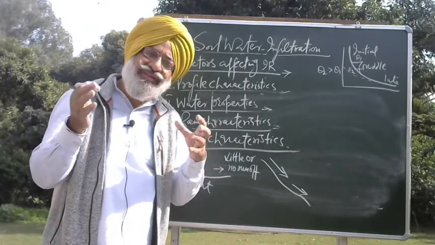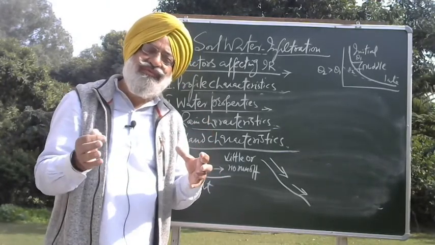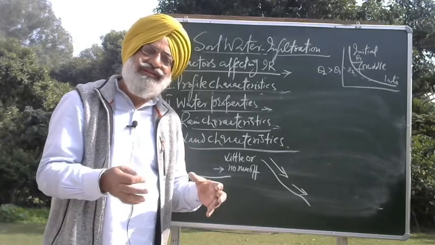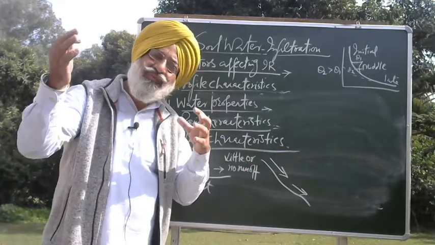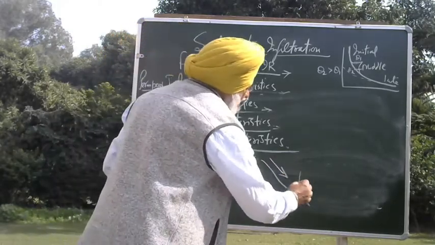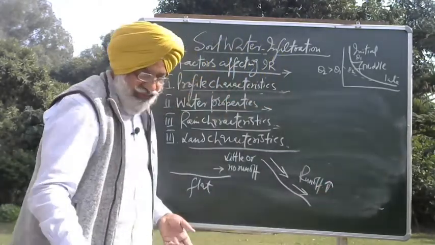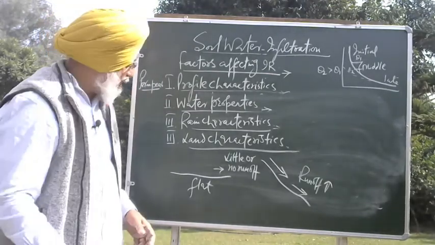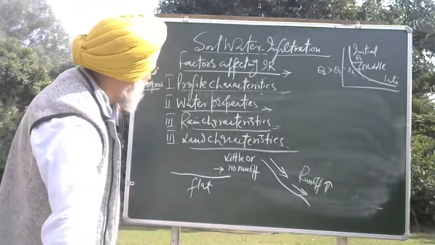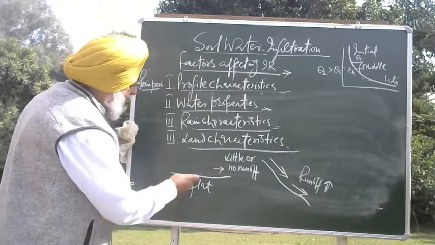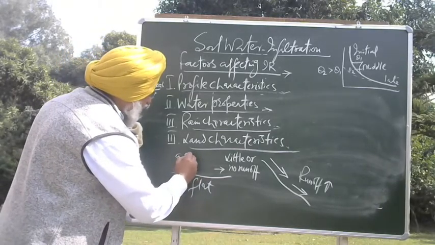When the residence time of water on the surface of the soil is less, then infiltration will be less. More water will go as runoff. So here runoff will be higher, and higher runoff means the infiltration rate will be less. So this is one effect. First is slope steepness.